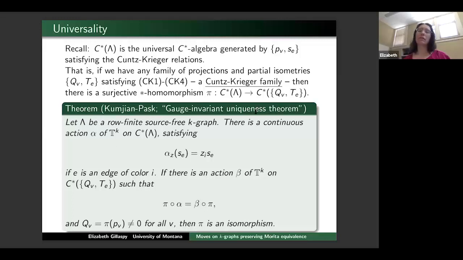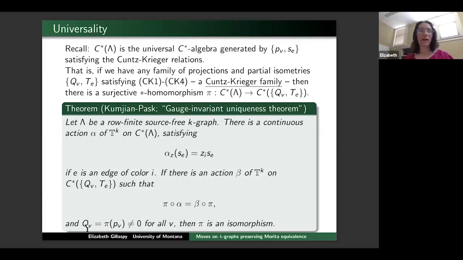And the gauge invariant uniqueness theorem tells us that essentially anytime you've got a Kunz-Krieger family that has a gauge-like action, that has an action beta that intertwines with this canonical gauge action alpha, then that tells you that this map pi from C-star lambda onto the C-star algebra generated by this other Kunz-Krieger family is going to be an isomorphism, as long as it's not obviously non-isomorphic, right?